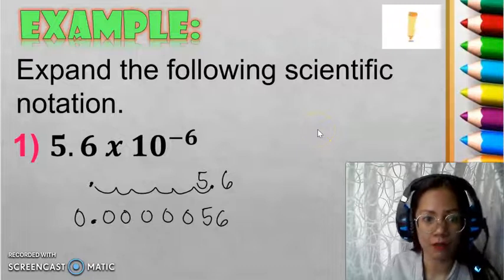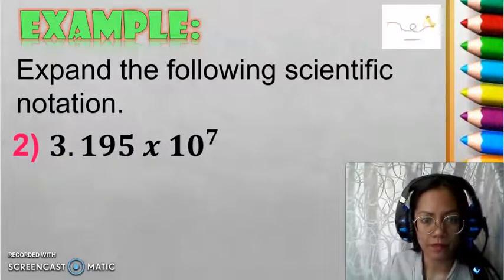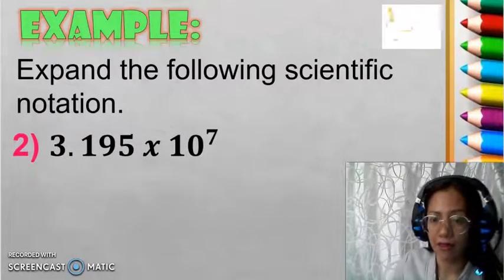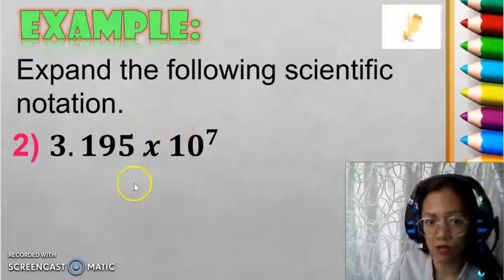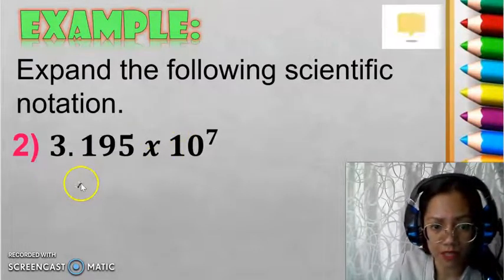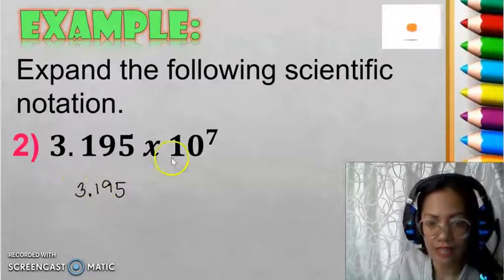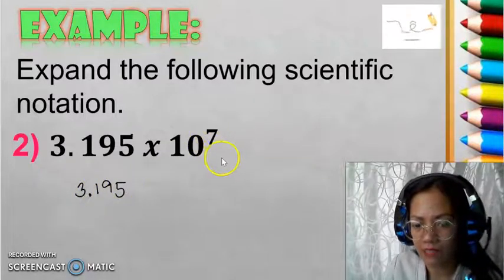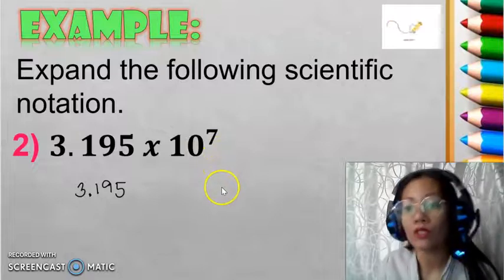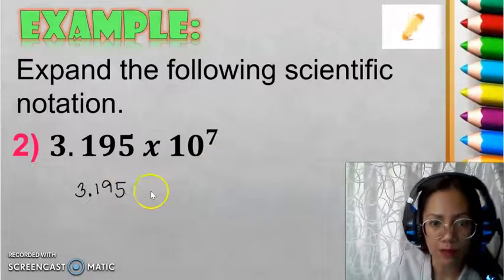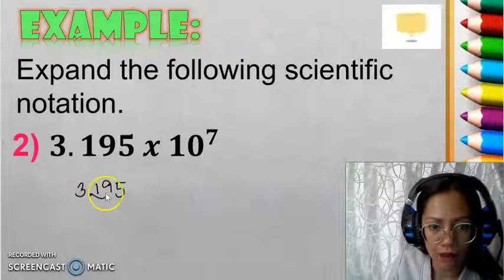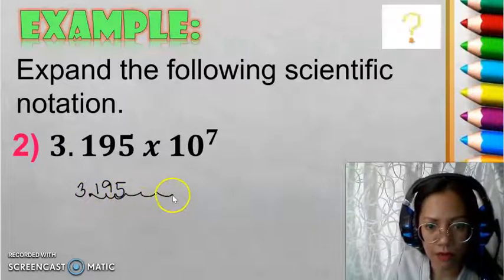Okay, let's have another one: 3.195 times 10 raised to 7. We first write the non-zero digits and examine the exponent. Since this is positive 7, we go to the right, 7 decimal places to the right: 1, 2, 3, 4, 5, 6, 7.